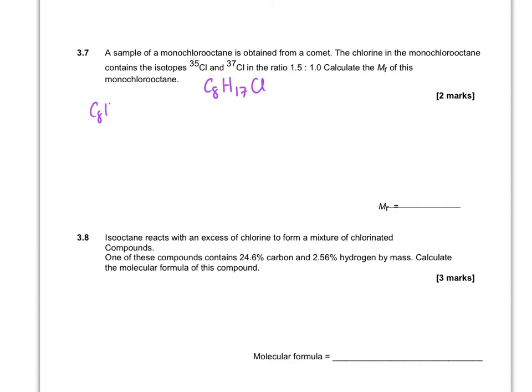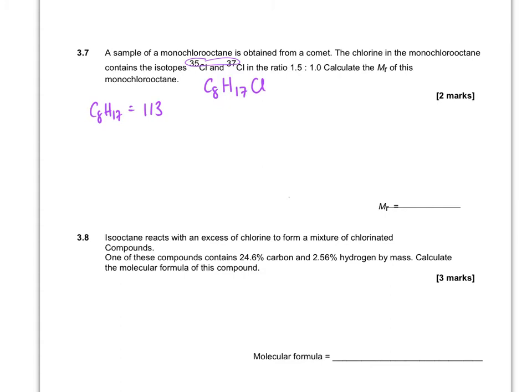C8H17 is going to be 113. And then we know the last bit is going to be made up of a combination of these two, so we basically need to find the Mr of the chlorine.